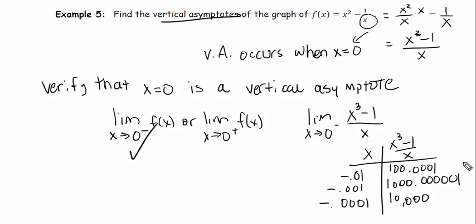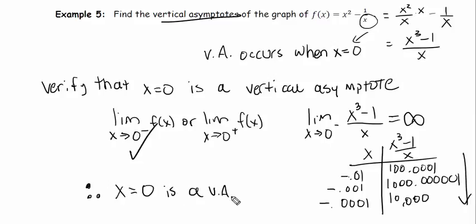So these are getting astronomically large, so it is infinity or negative infinity. It didn't matter which one, as long as we got infinity or negative infinity. So therefore, again, that's my symbol for therefore, x equals 0 is a vertical asymptote of f of x equals x to the third minus 1 over x.